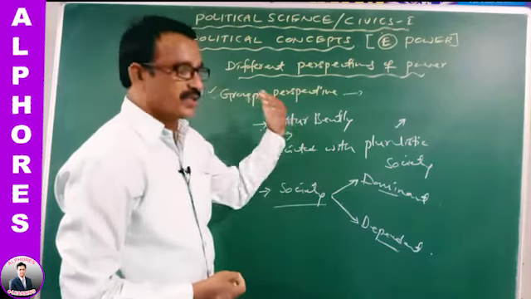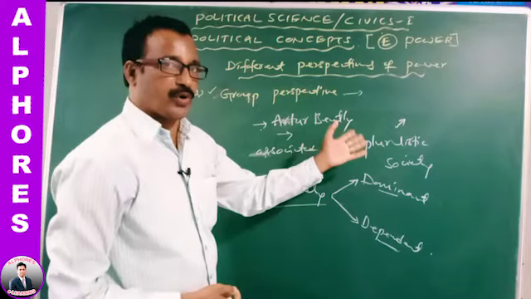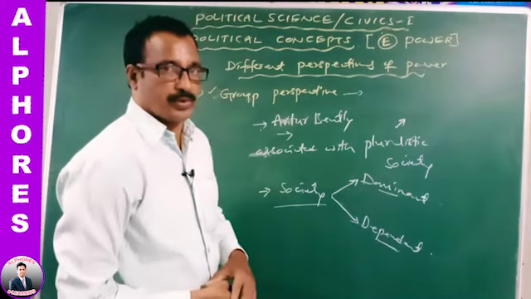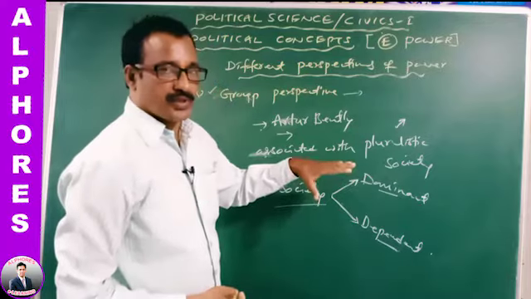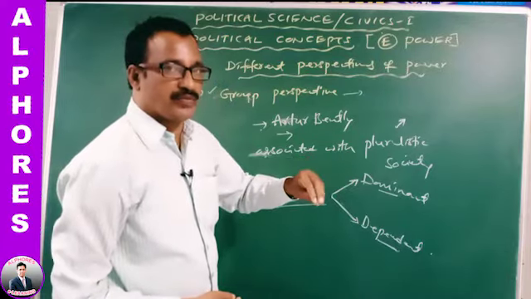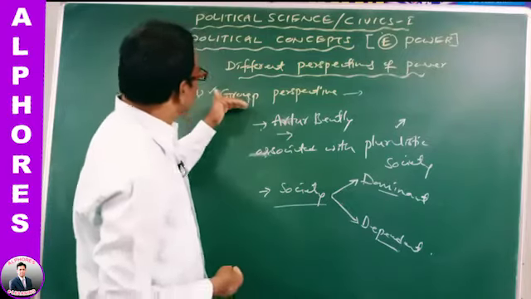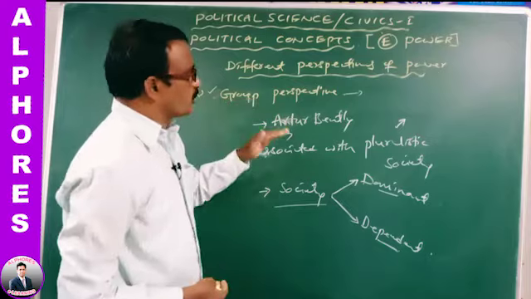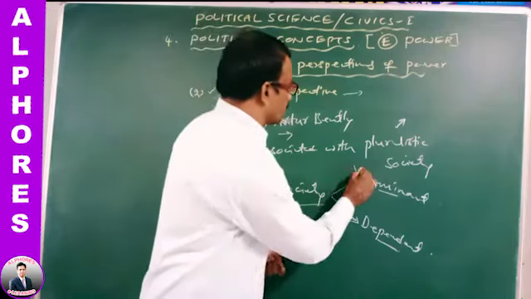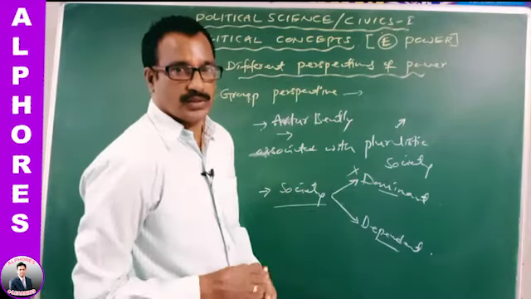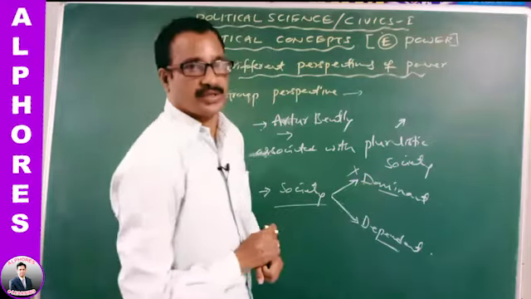Elite exercise the power over mass people. Means according to the elite perspective, the total power is in the hands of only the elite group. But according to this perspective, the total power is not in the hands of the dominant section. Clear? The power is not concentrated in the hands of the dominant section.